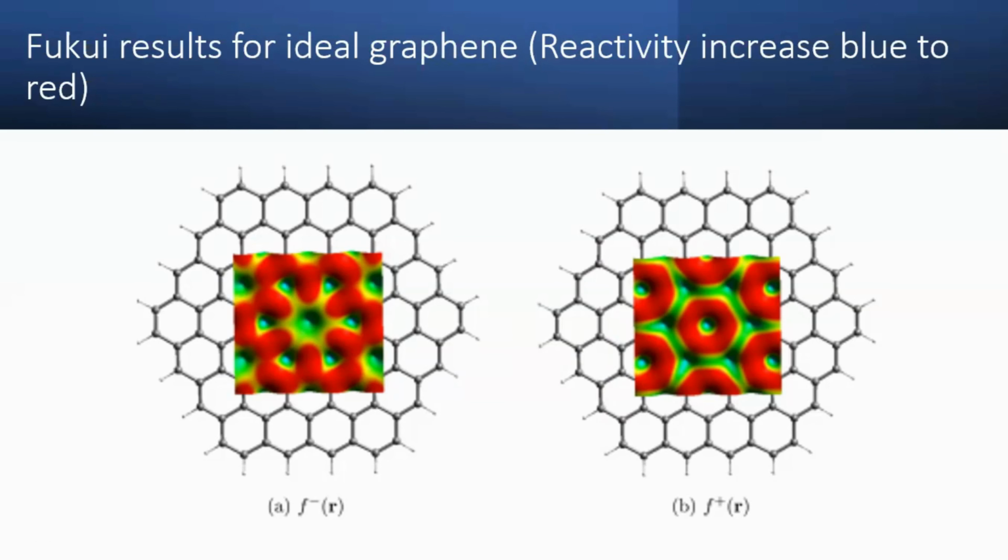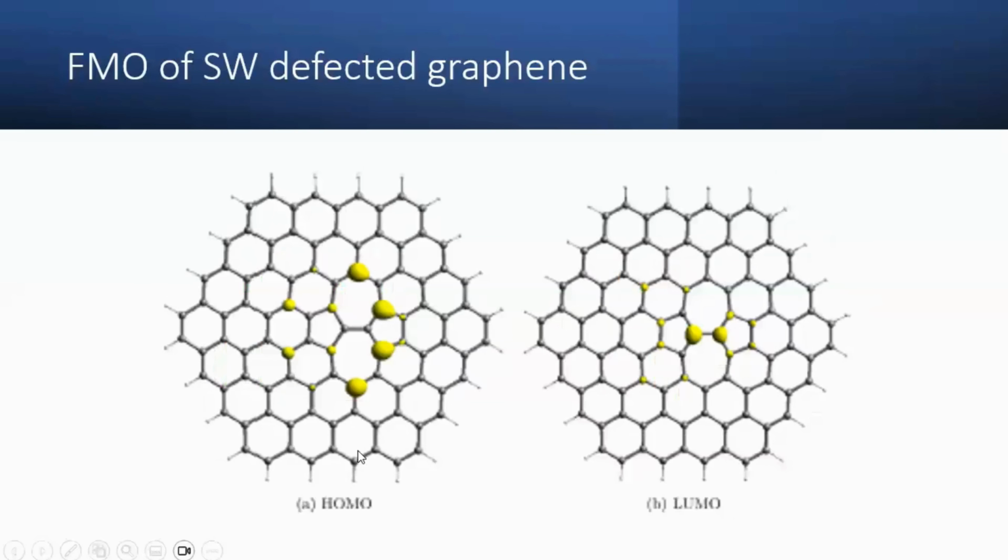But we know when the defect occurs, what happens. Here you can see the HOMO orbitals are not located at the carbon atoms which were rotated 90 degrees, but the LUMO is located here. We can think of it like this. When the two carbon atoms rotate 90 degrees, the bond length keeps on changing.